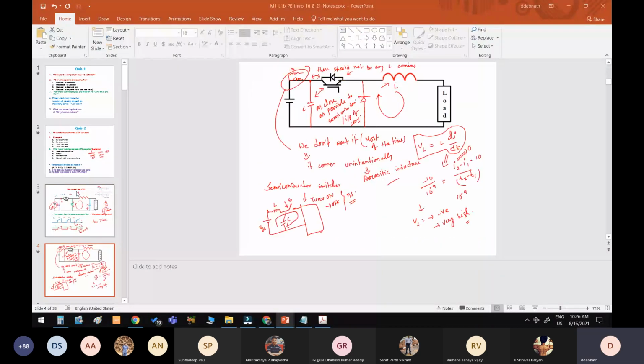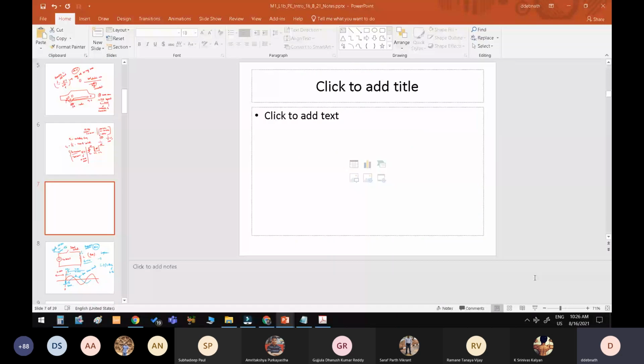Okay, so let me quickly give you one more example, and then I will leave this topic for your imagination. I told you why we need this input capacitor. One reason was the battery point of view.